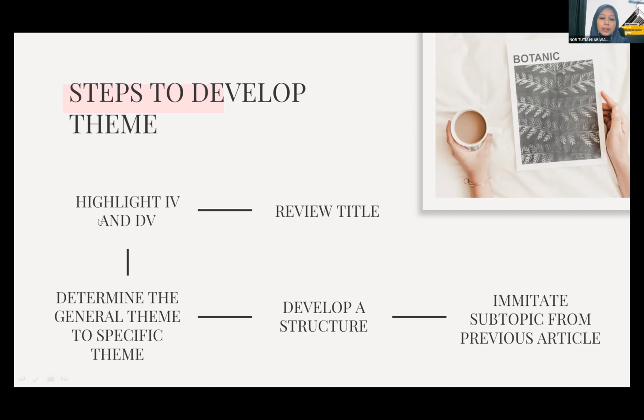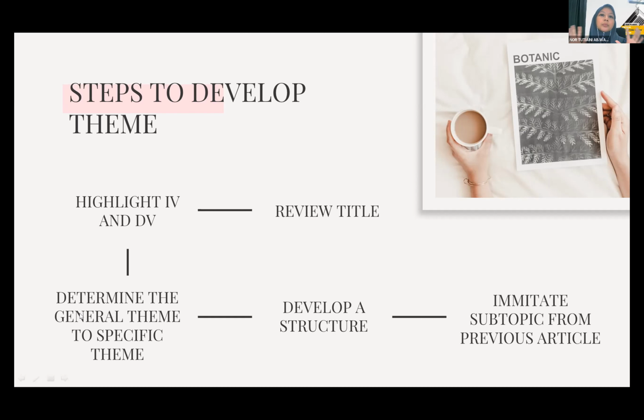Okay, all right, and then later on when you highlight those things, your subject area, your variables, perhaps, okay, bukan key findings, I mean the keywords kat dalam your title, okay, you need to arrange those particular things that have been highlighted in your title from a general area to the specific area.